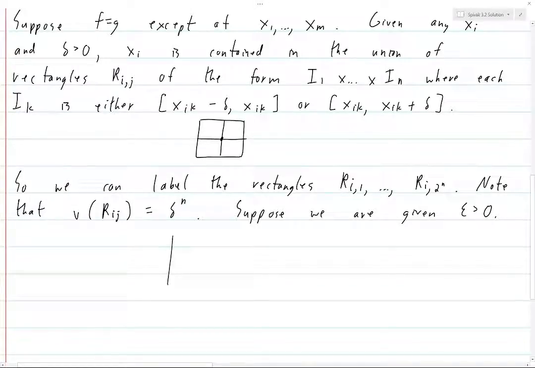So we have this rectangle A, and we've got finitely many points x1 through xm in A where f is not equal to g. What we're going to do is take the function f minus g and try to integrate it.